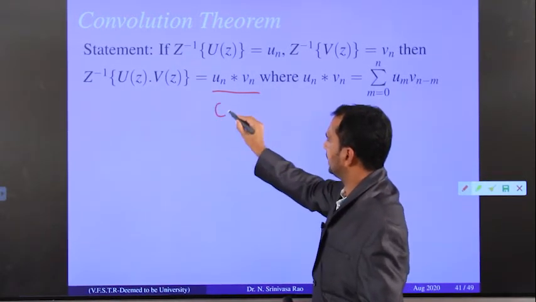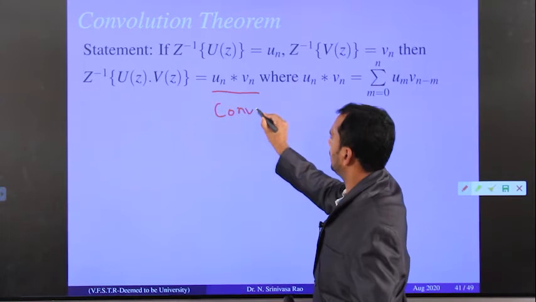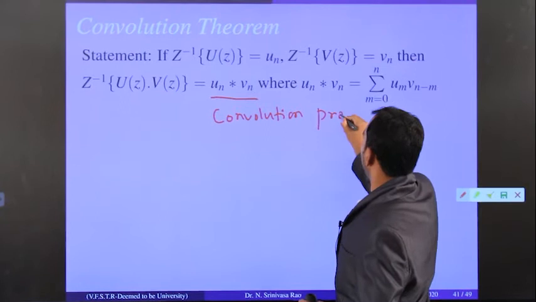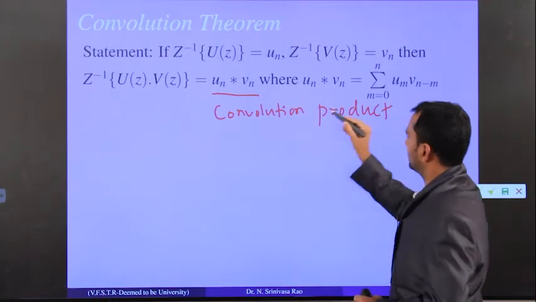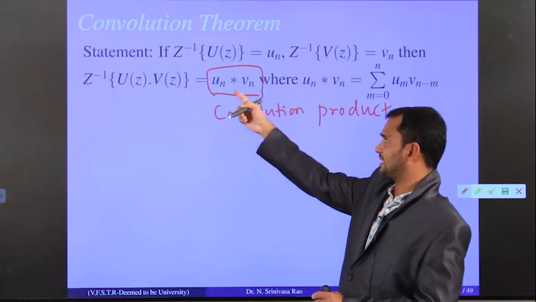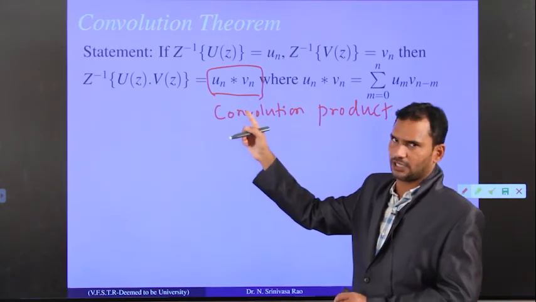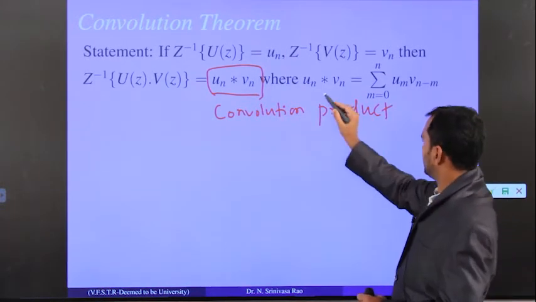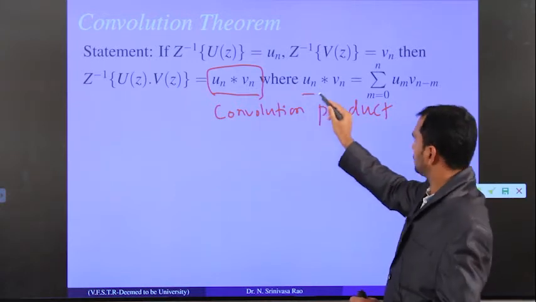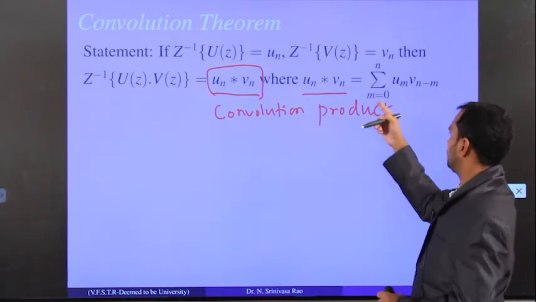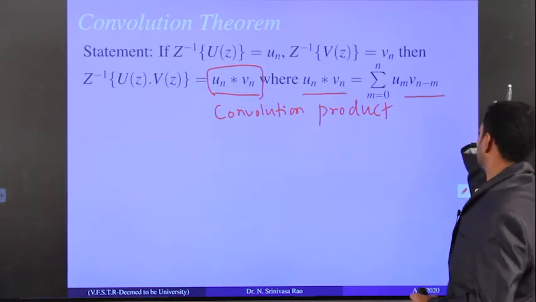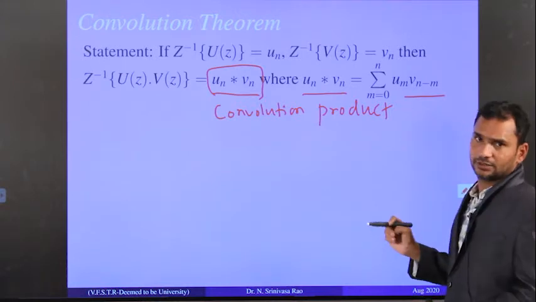Since un star vn is a product, it is called the convolution product. This convolution product is defined as un star vn equals sigma m equal to 0 to n, um into vn minus m. So this is the convolution product definition.